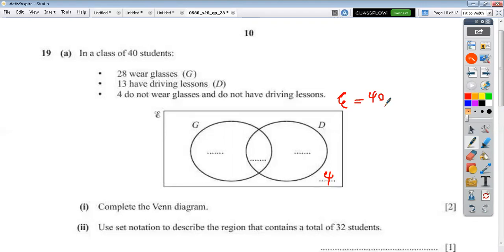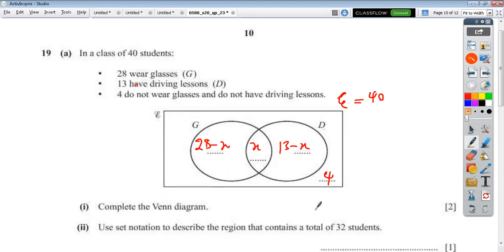So we let that be equal to x. Those that wear glasses only will be those that wear glasses minus those that are doing both. So it's 28 minus x. Those that are doing driving only is 13 minus those that are doing both.